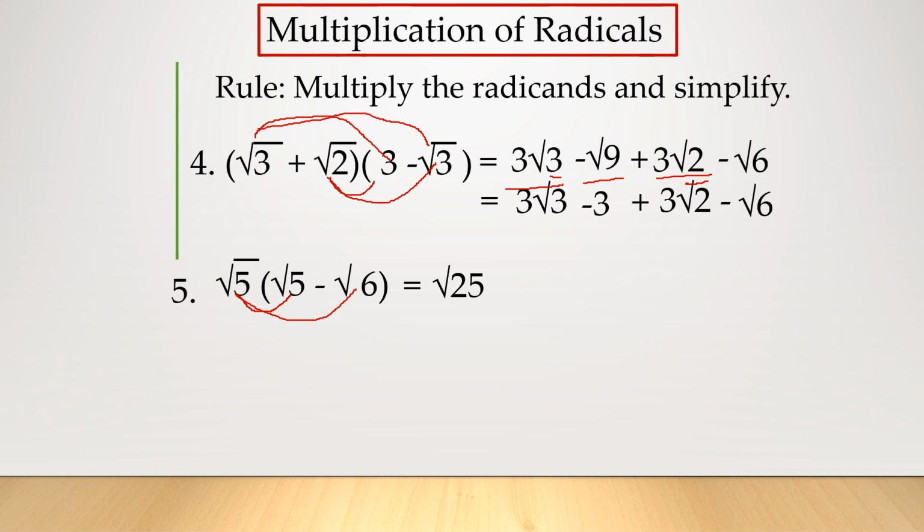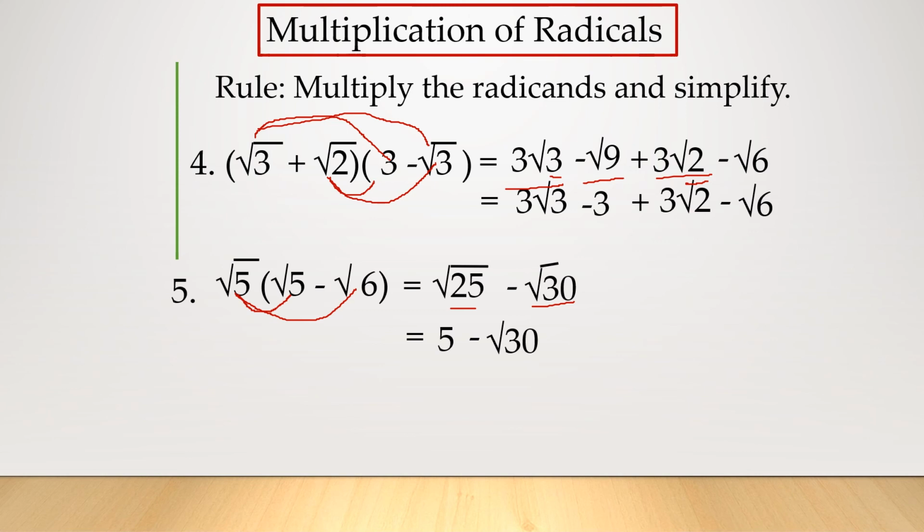So this becomes negative square root of 6, so minus square root of 30. Now we can simplify square root of 25. And that is equal to 5. And square root of 30 is already in simplest form. So simply just copy that. So that's the final answer here. 5 minus square root of 30.